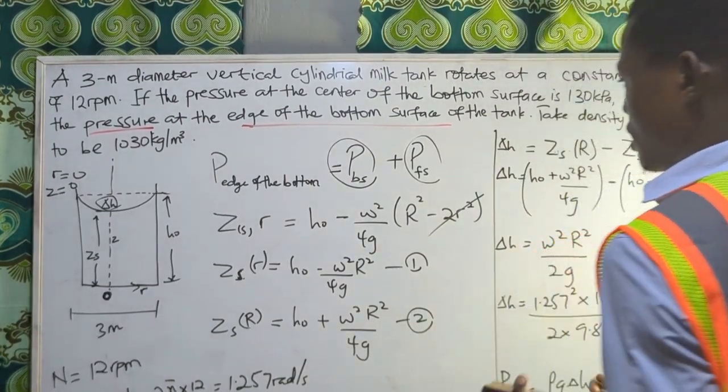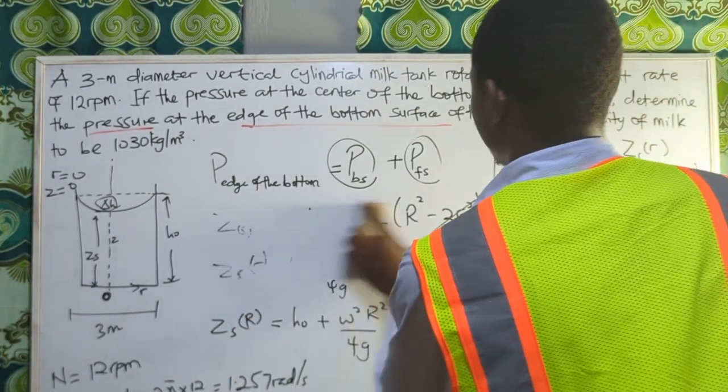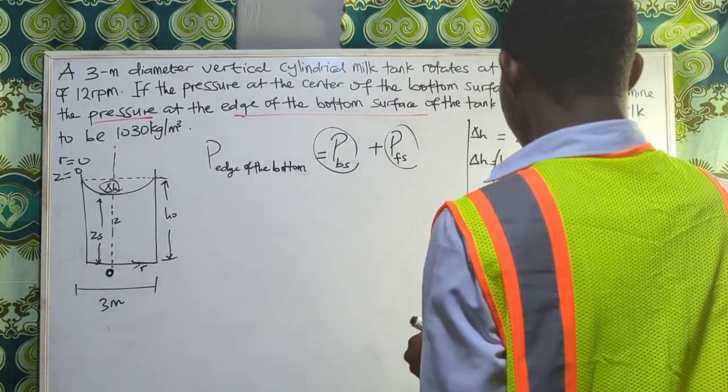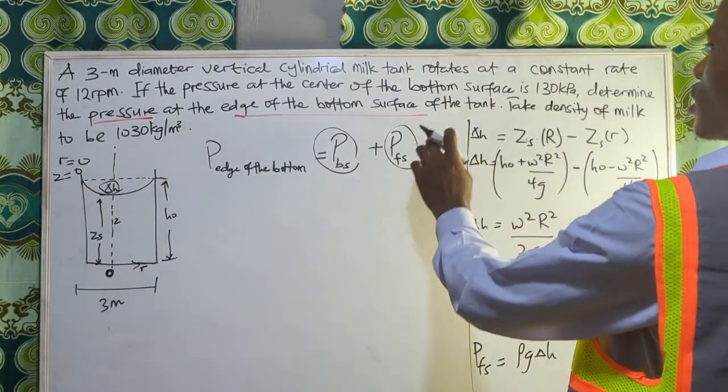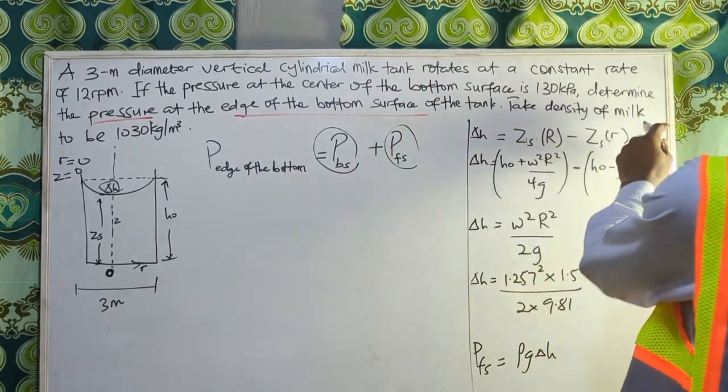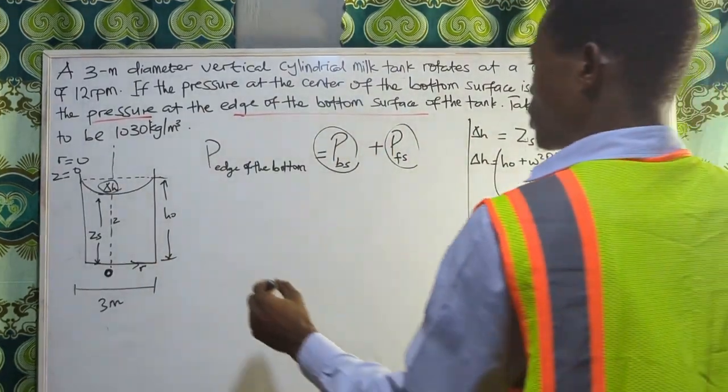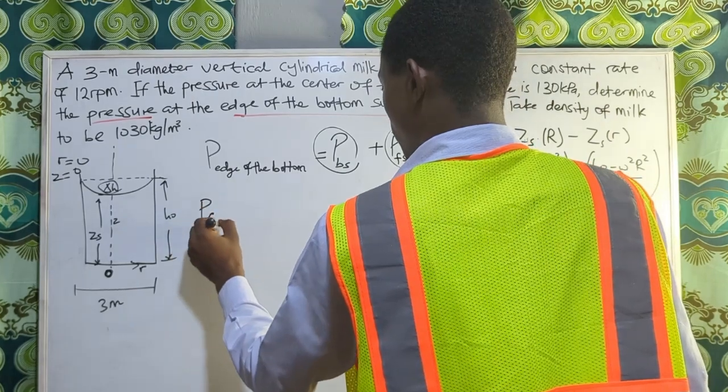Now let's clean this here. We have our rho, which is the milk here. Let me write this again.